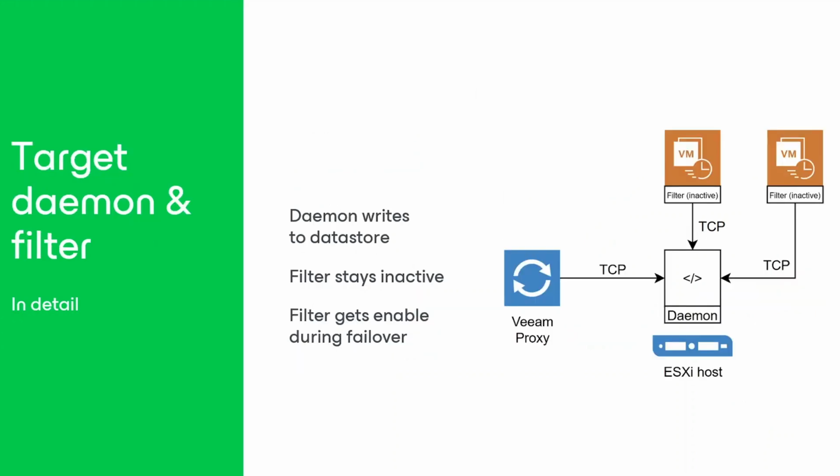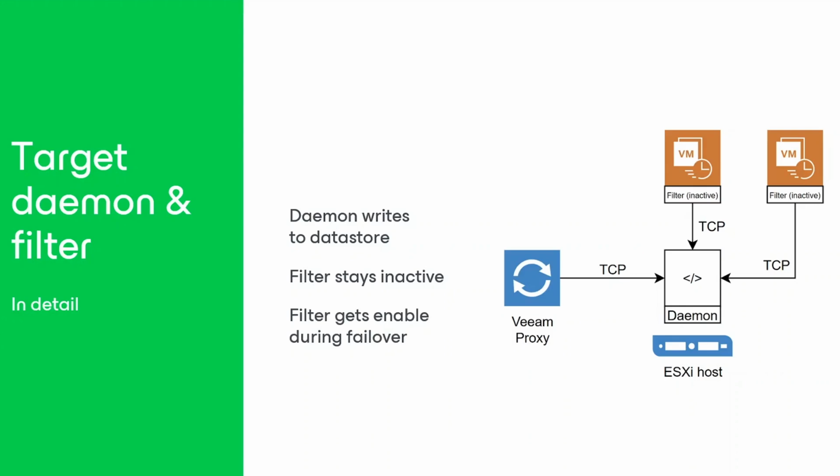Next, we have a target daemon and filter driver. The daemon writes to the data store, and the filter driver on the target cluster or ESXi host stays inactive because it's not being used at this point. The filter only gets enabled during failover.